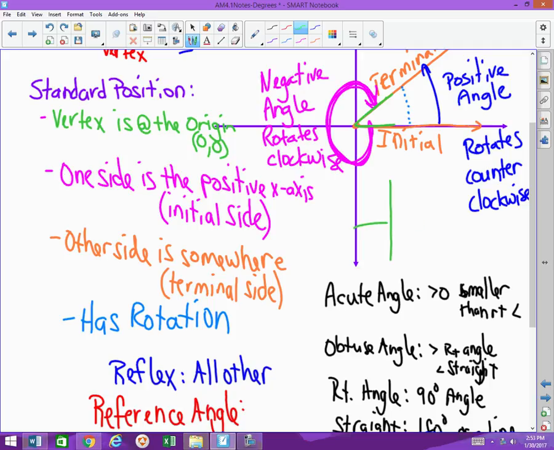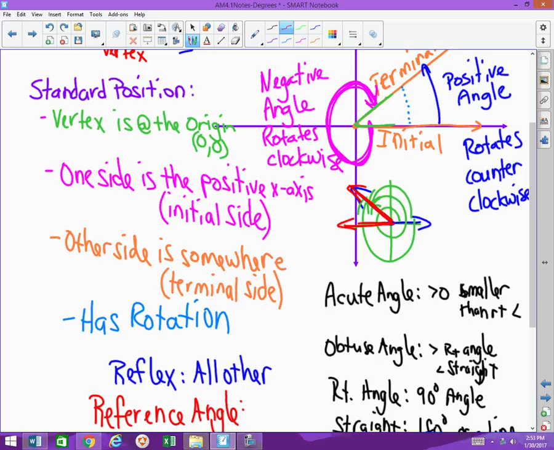Now, if we have an angle that starts here and ends here, whether it is this angle that goes this way or that angle that goes this way or the one that goes like that, doesn't matter. The reference angle is this angle right there because it's an acute angle made with the x-axis.